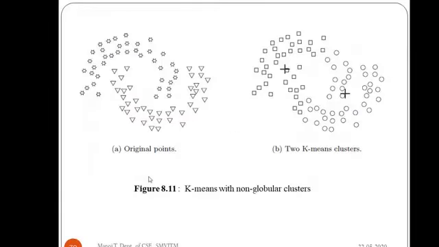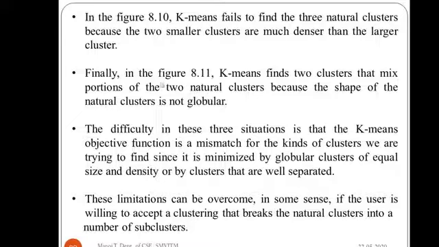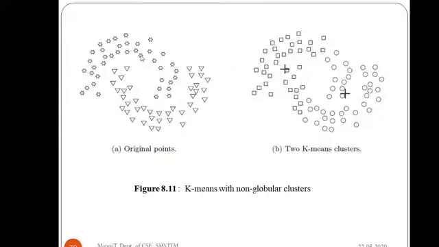K-means fails to find the three natural clusters because the two smaller clusters are much denser than the larger cluster. Finally, in Figure 8.11, k-means finds two clusters that mix the portions of two natural clusters because the shape of the natural clusters is not globular.